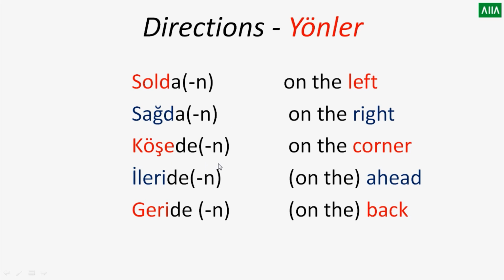Köşede, köşeden. İleride, ileriden. Sometimes we remove this I letter. We say ileride, ileriden. We don't say I here. Alright. So geride, geriden. That means, if you make a literal translation, from back.